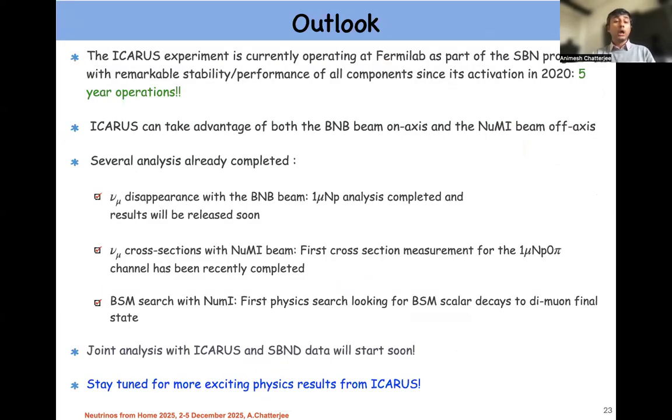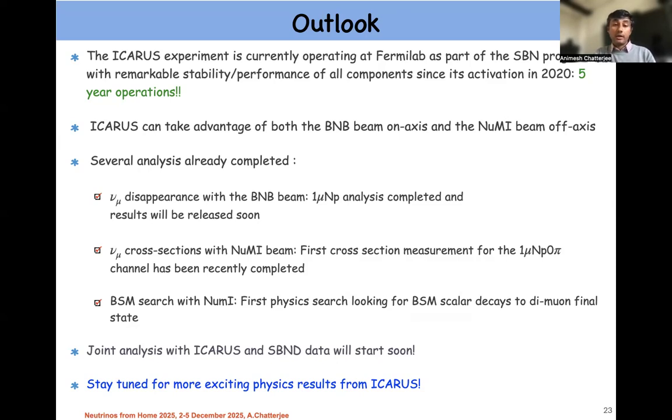Now, to conclude, the ICARUS experiment has been operating at Fermilab as part of the SBN program for the last 5 years, and it continues to take data with remarkable stability and performance of all the detector components. ICARUS can take advantage of both the BNB, which is the on-axis beam, as well as the NuMI off-axis beam.